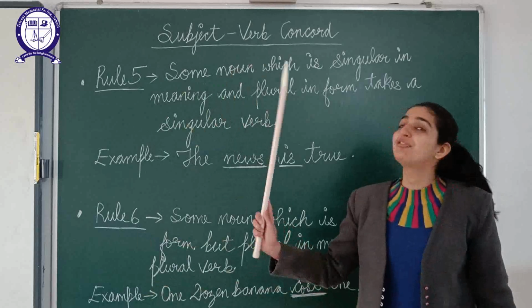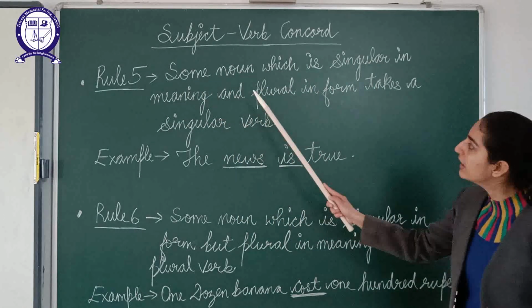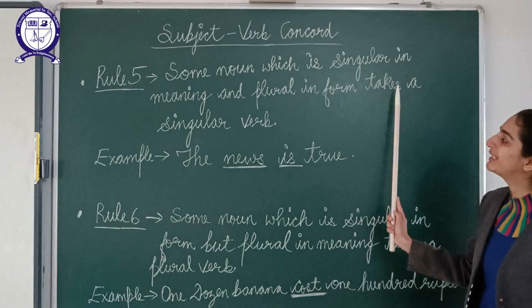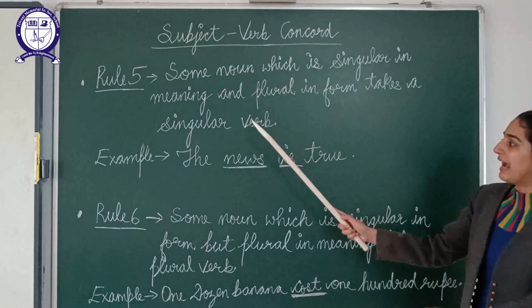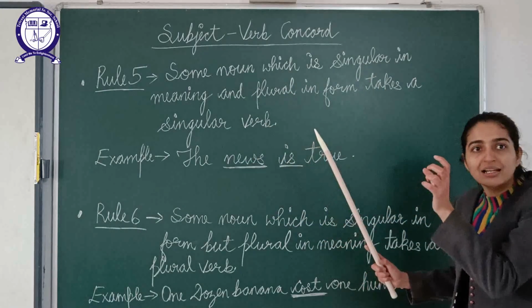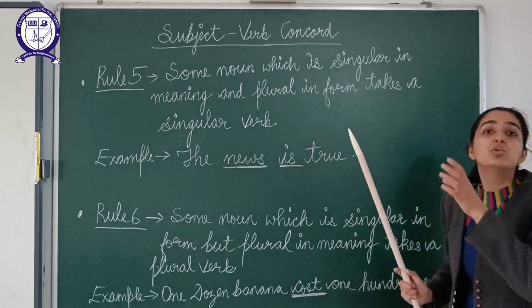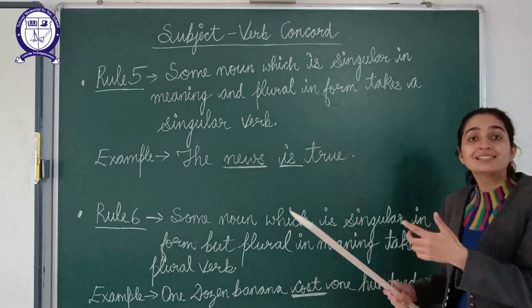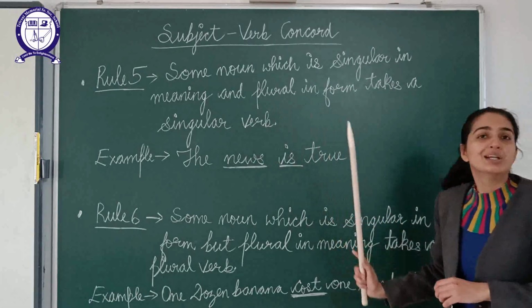What does it say? Rule number 5 says that some nouns which are singular in meaning and plural in form take a singular verb. What does it mean? There are some nouns whose meaning is singular, but they are plural in form. So with such kinds of nouns we use a singular verb.